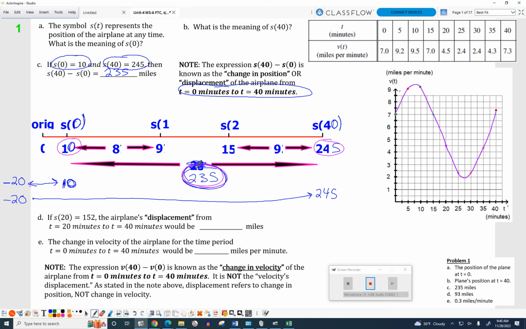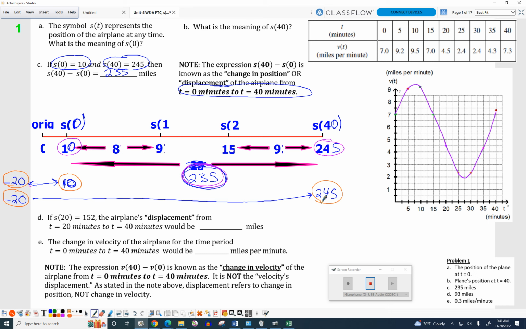In the second example, the plane started at location 10, went to location -20, and then from -20 went all the way to 245. If it feels like a trick, you figured it out. What is the displacement in the second example? It's not meant to be hard, just trying to make sure you're following along.